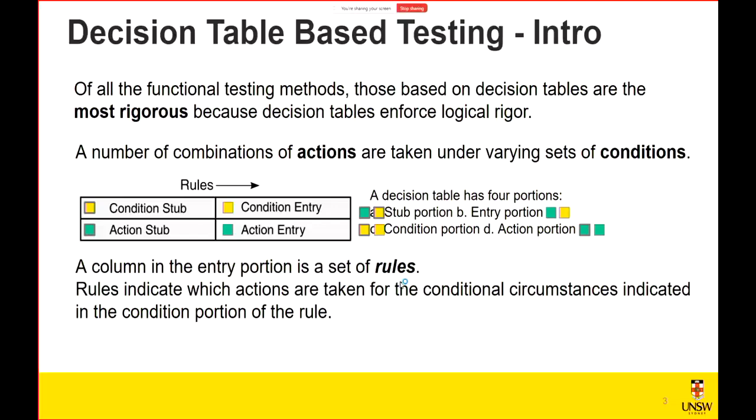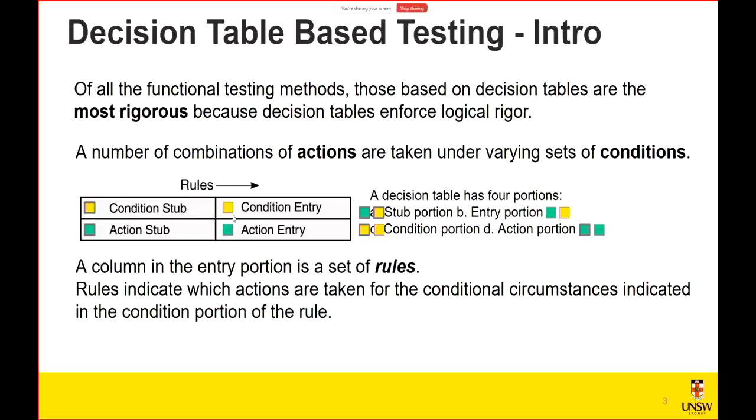So a column in each entry portion, like I just mentioned, is a pair of a set of conditions and a set of actions. So basically, it is called a rule. So each rule is a pair of, you can consider it as a pair of inputs and outputs.